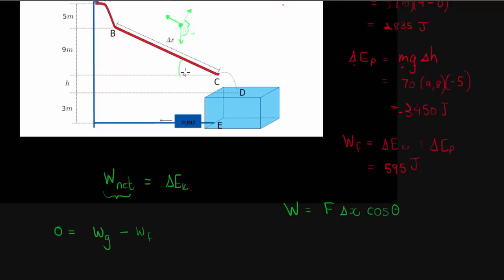We have no idea what this angle is, by the way. All we know is that the change in height is 9 meters. That does help us, because we're basically working in a triangle here. We have the opposite side and we have the hypotenuse that we're trying to calculate. So somehow sine of theta is going to come into play here.